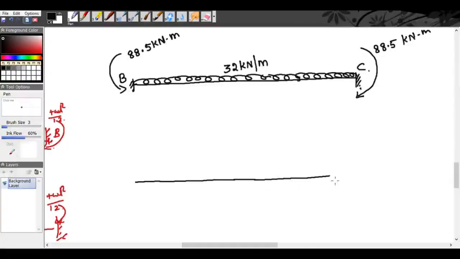First of all, we have to draw the free bending moment diagram or simple bending moment diagram by considering the ends as simple supports. While considering the ends as simple supports, the free moment at the center of BC will be equal to WL square by 8.